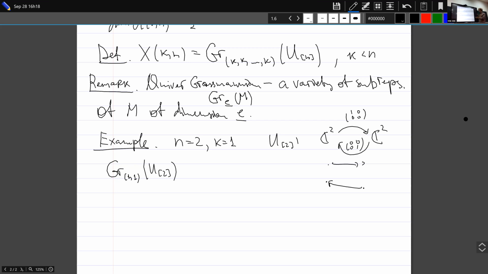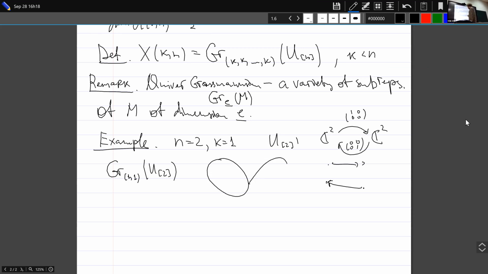The first option is this vector, which is sent to 0 here, and then there are no conditions on this vector. This is your P^1, because if this vector is chosen, then the map backwards sends anything to this very vector. So you have something here and anything here, this is the P^1. And similarly, you have another P^1. So this is this picture.